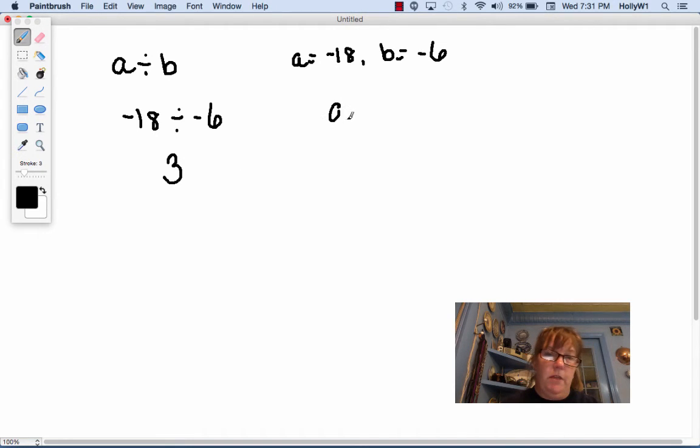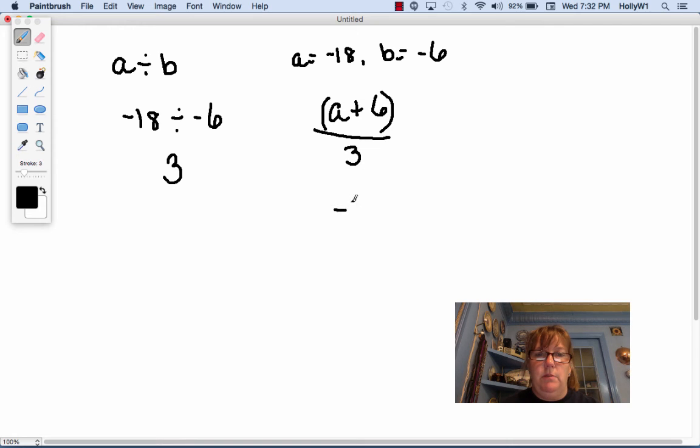Let's try another one with A plus 6 divided by 3. Okay, so why don't you try that? All right, this might look a little strange because you have A plus 6 and it's divided by 3, and we're tempted to do the division first, but really this is sort of implied because we're saying the whole thing has to be divided by 3.